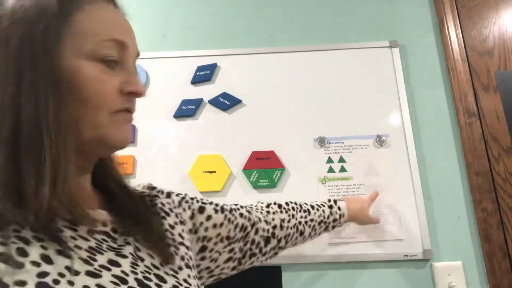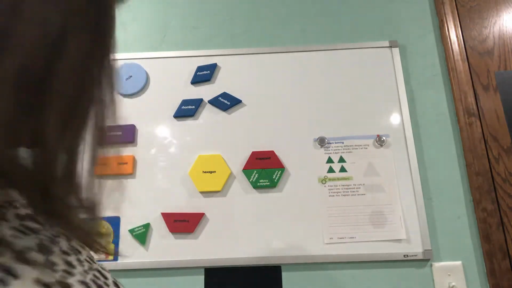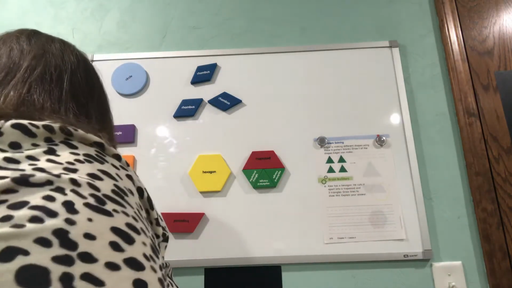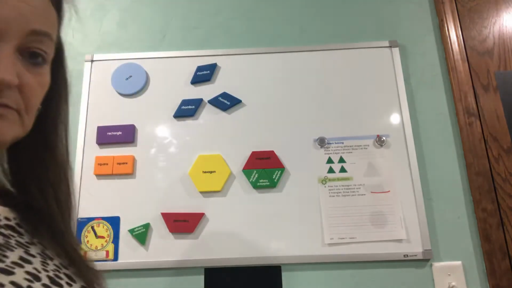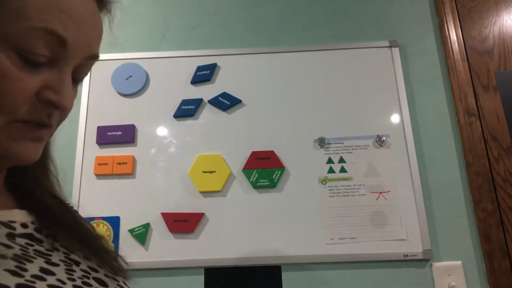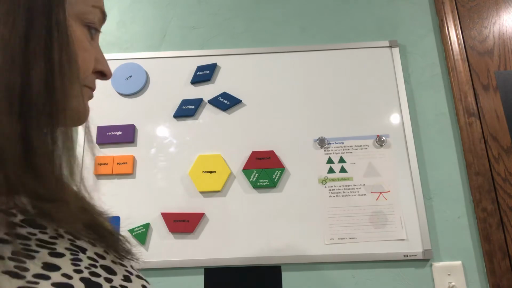So over here, you're just going to draw the lines so you can see that. So first we just cut it in half. Then I'm going to go to each corner. So there's a triangle. There's a triangle. So that's what it's going to look like on your paper.